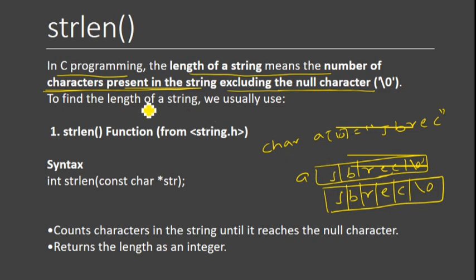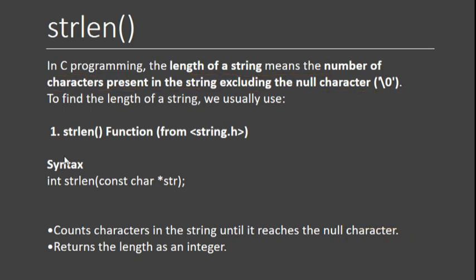But whenever it comes to the length, it excludes this null terminator backslash 0, and only the remaining characters are counted. So 1 2 3 4 5, it will give us the answer 5. So that is the string length function.